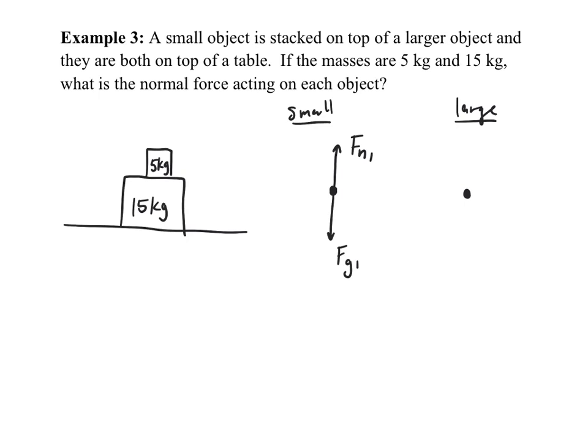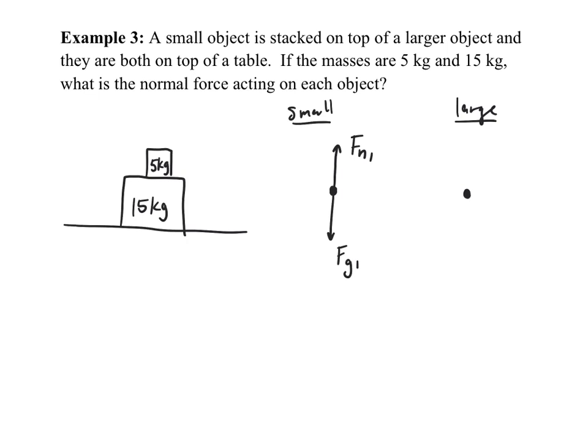So for example, literally look over here. This object is currently supported by the table, right? When I place this box on top, sure, the table is now supporting both of them, and I get that. But the table is only physically supporting this one right now, which in turn supports this one. If the top of this box was not structurally sound, this would literally fall through the upper box or break through it.